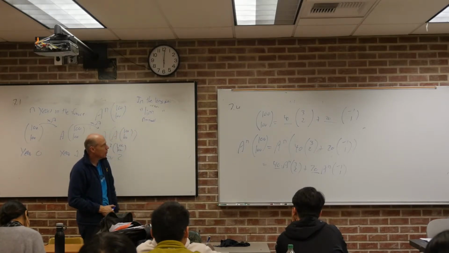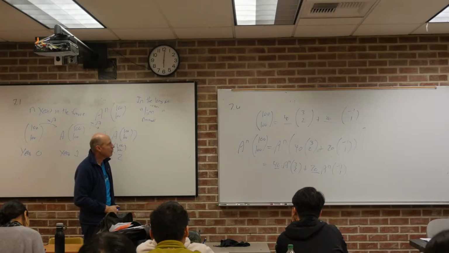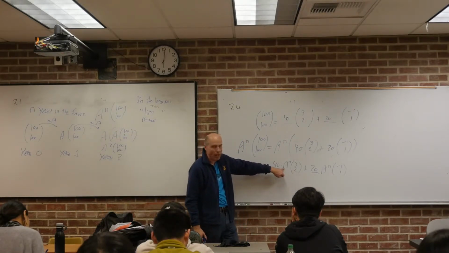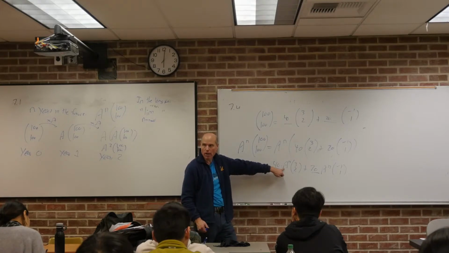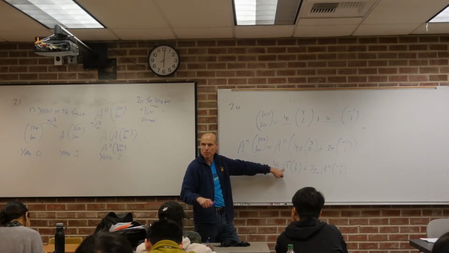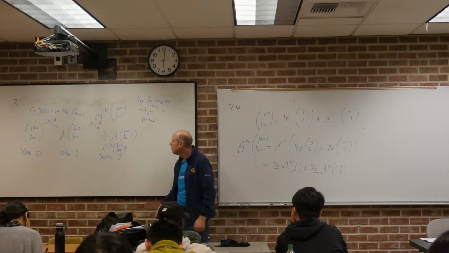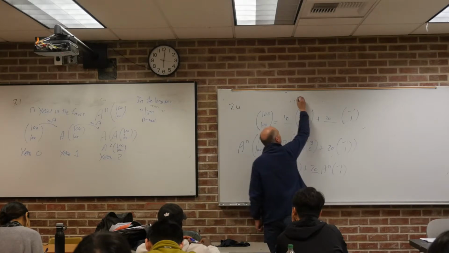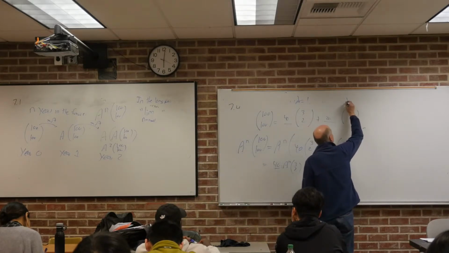We carefully chose 3, 2 and negative 1, 1, because multiplying 3, 2 times A is the same thing as multiplying 3, 2 by what number? 1. Yes. So remember the 3, 2 corresponded to lambda equals 1.